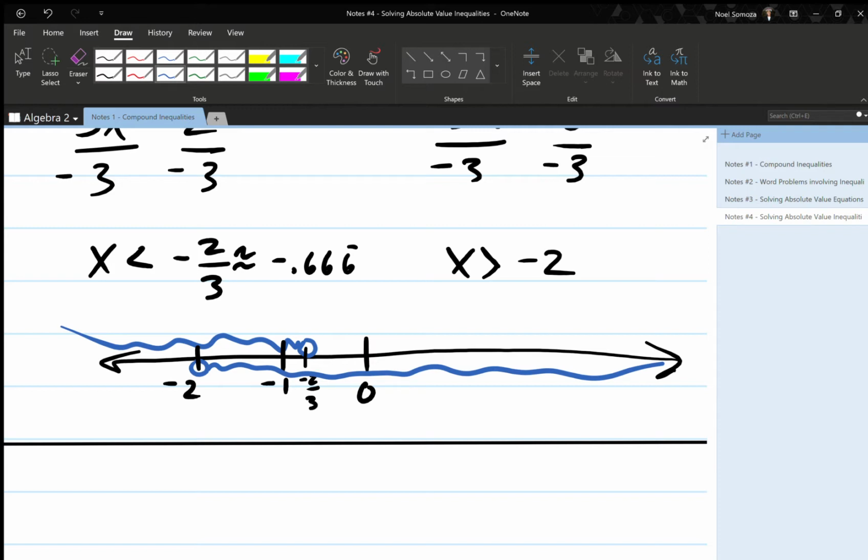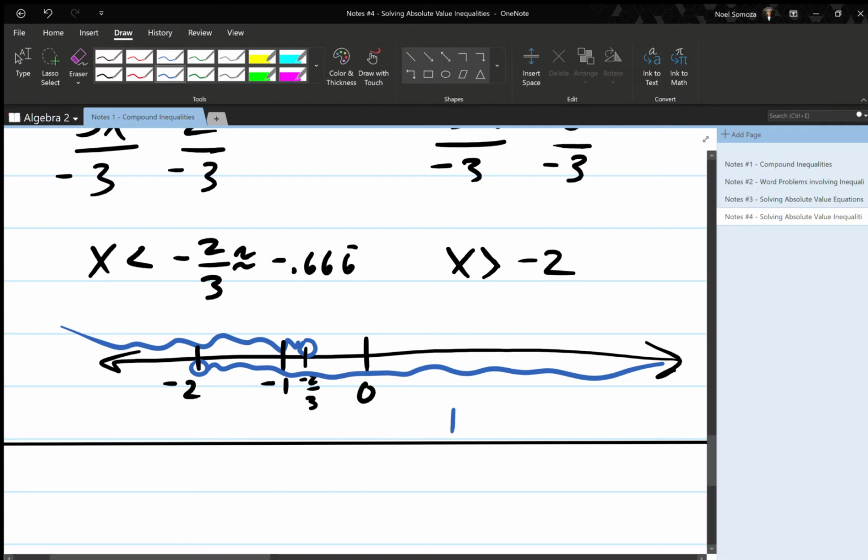And when that happens, what do we say? Infinitely many solutions, all real numbers. In this case, we're going to say all real numbers. So we use that special R. All real numbers.